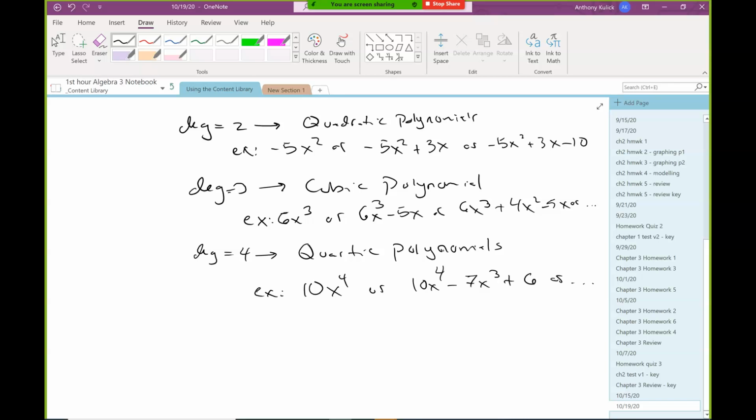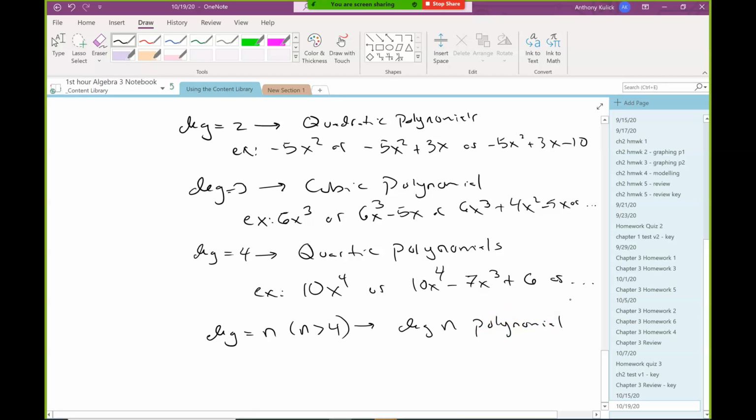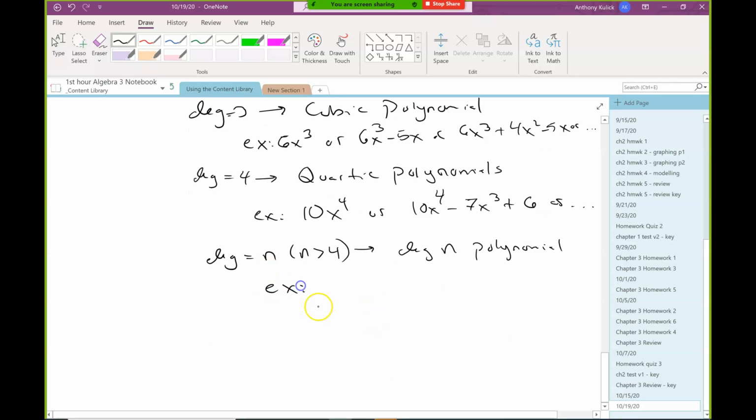I mean, there's names for bigger ones, but any bigger than that, let's say degree n, where n is greater than 4, we just call that a degree n polynomial. So rather than having a fancy name for it, we'll just name it by its degree. So for example, 3x to the 7th, we just call it a degree 7 polynomial.